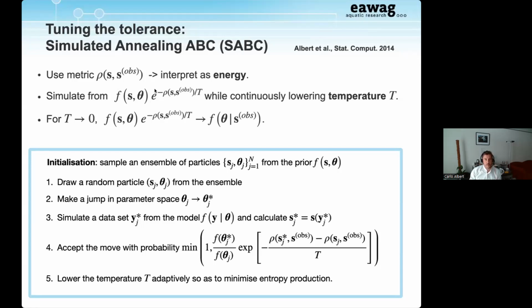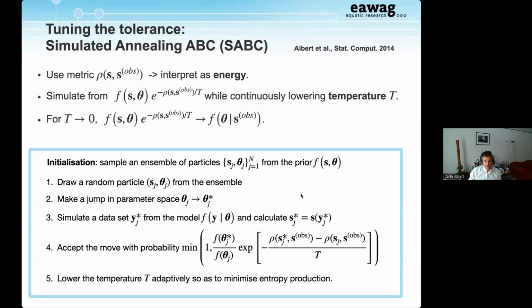And so we keep sampling from this quantity while at the same time gradually lowering the temperature. And as you can see, if the temperature is large at the beginning, we're sampling from the prior, and as it converges to 0, this converges to a delta function. So we end up with a sample from the posterior.